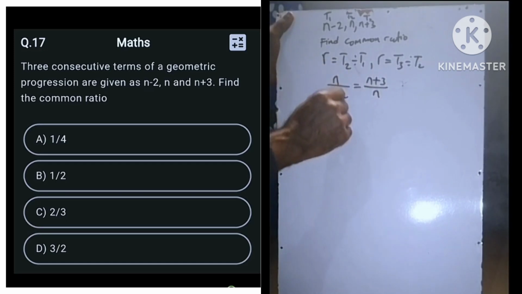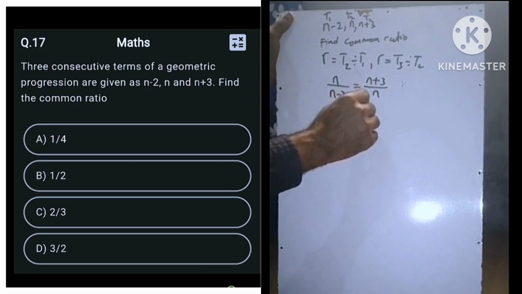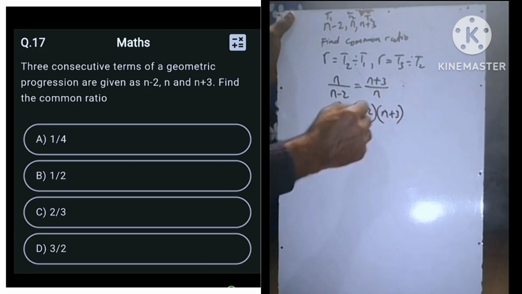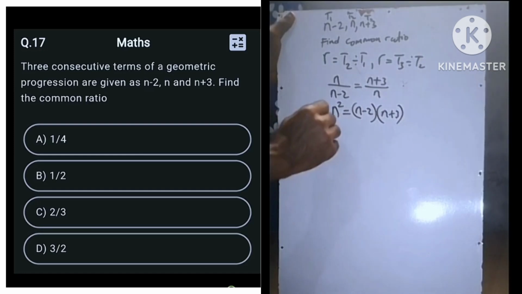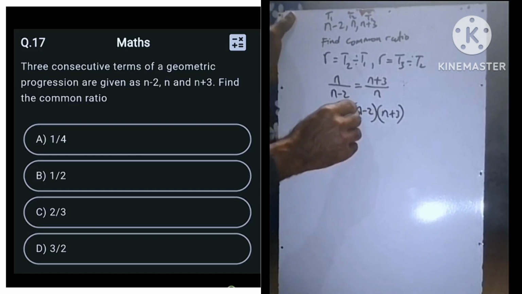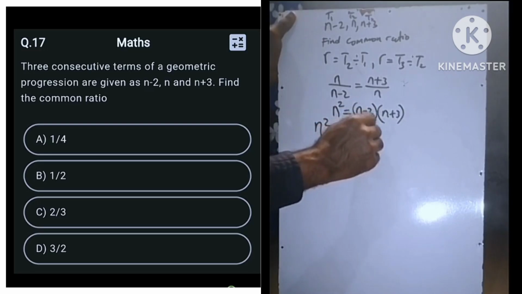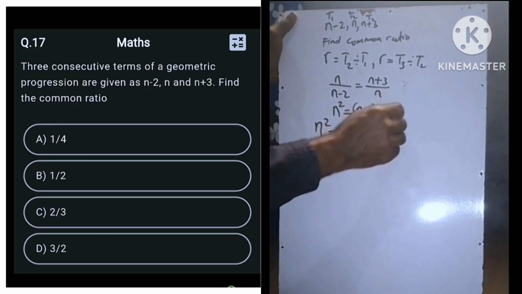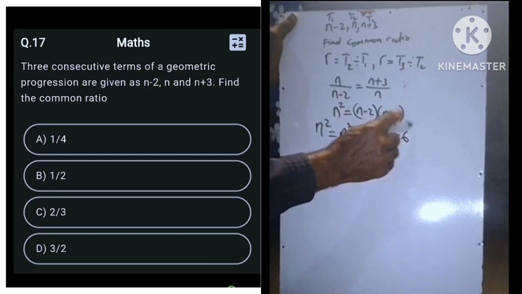This times this becomes n squared equals, this times this will give us n minus 2 bracket n plus 3. Let's expand. That becomes n squared equals, this times this becomes n squared. This times this becomes plus 3n. This times this becomes minus 2n. This times this becomes plus 6, that is minus 6.